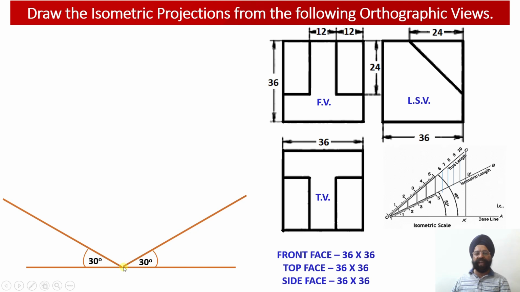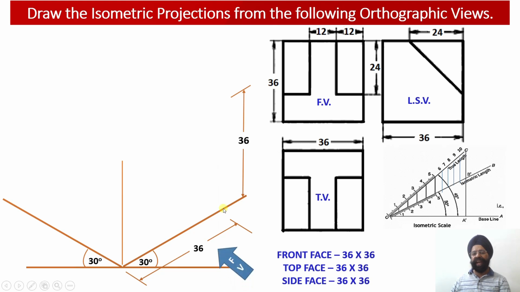And if we move vertically from this origin point, the height of the solid will be located along the y-axis. Now we know that the dimensions obtained along the front face are length equal to 36 millimeter, and the height is also equal to 36 millimeter. So we have drawn the length equal to 36 and the height also equal to 36.